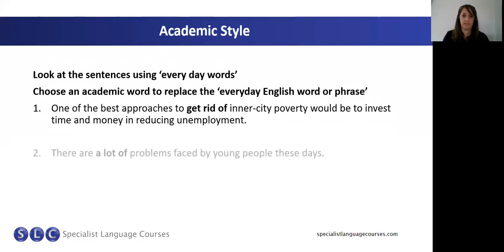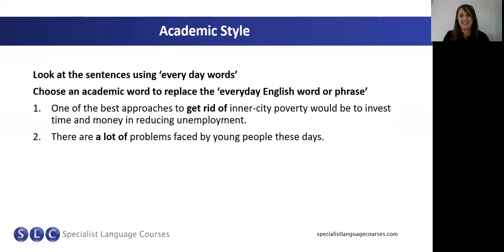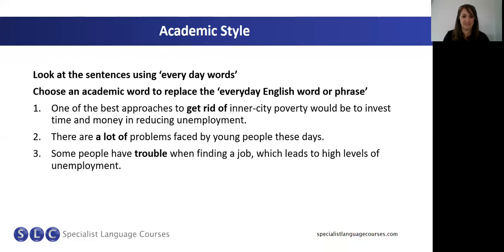So we have 3 sentences, and the everyday English word has been highlighted for you, and you have 3 choices. So which word can you use in sentence 1 to replace get rid of? Which word in sentence 2 to replace a lot of? And which word in sentence 3 to replace trouble? Write your ideas in the chat box.